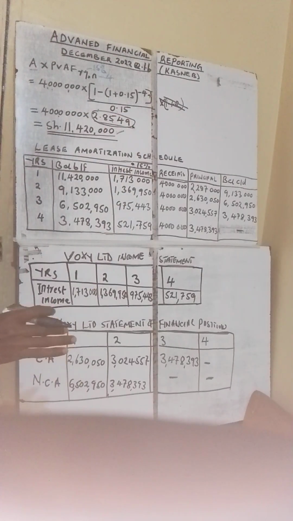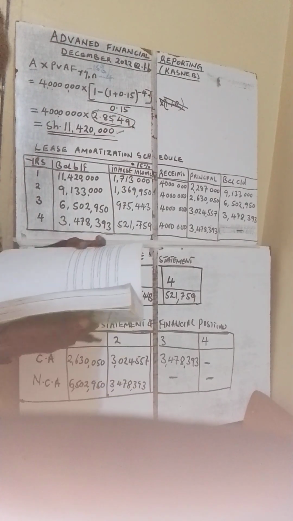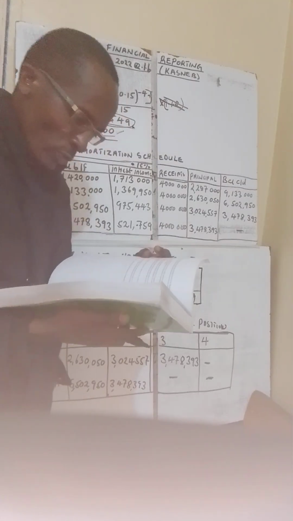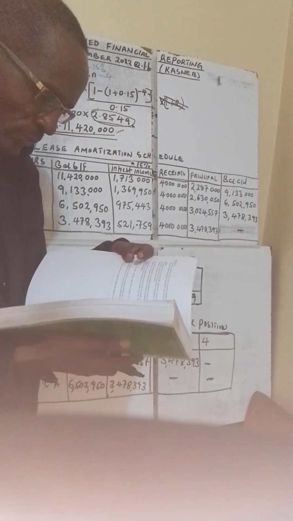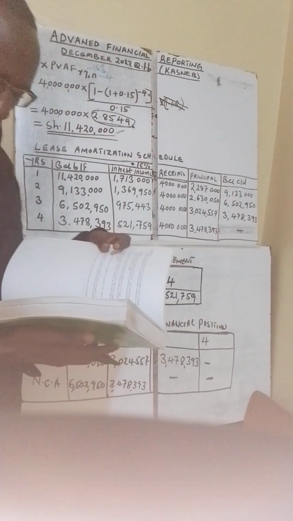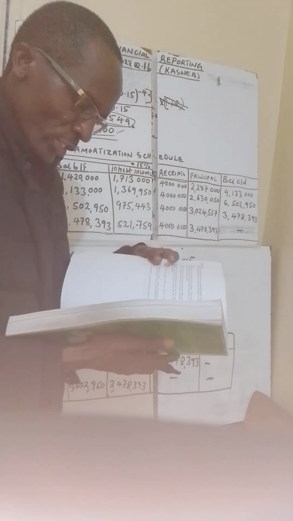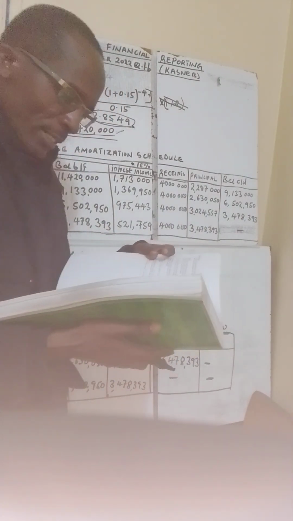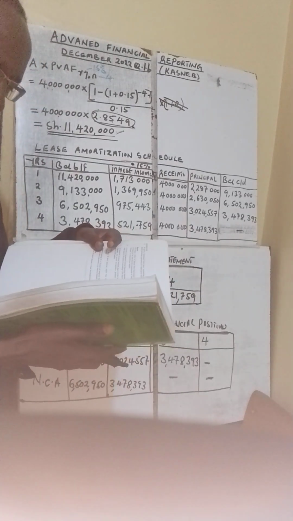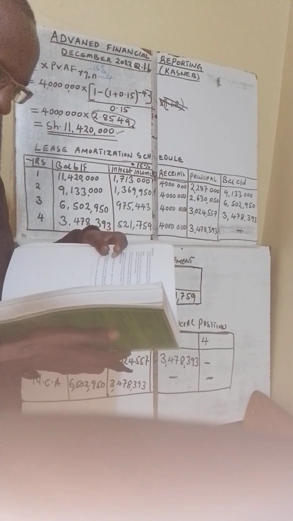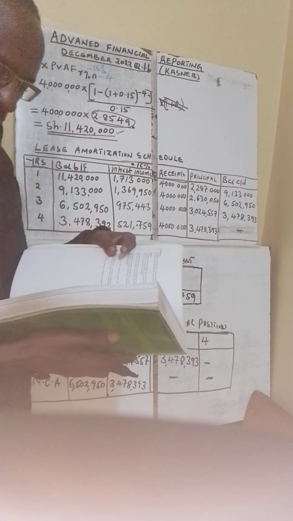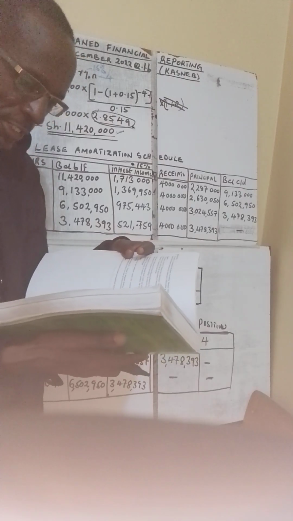Now the next thing, because the examiner required you to demonstrate with suitable calculations the accounting treatment of the above lease transactions in the financial statements of Vox Limited for the years ended 30th June 2023, 2024, 2025, and 2026.